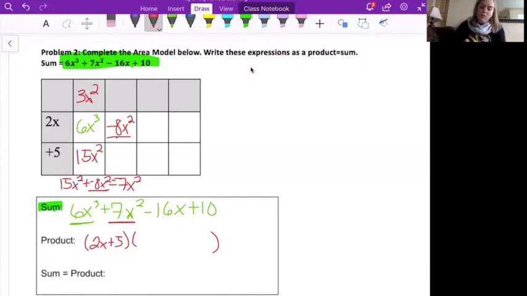We know that this term has to be negative 8x squared. Then, again, I want to fill out this box right here. I'm going to think about negative 8x squared. What times 2x gives me negative 8x squared? That would be negative 4x. And then I take negative 4x times 5 to get negative 20x.